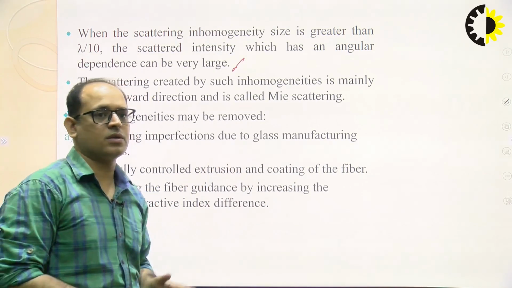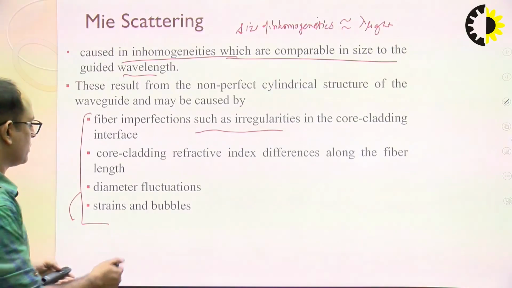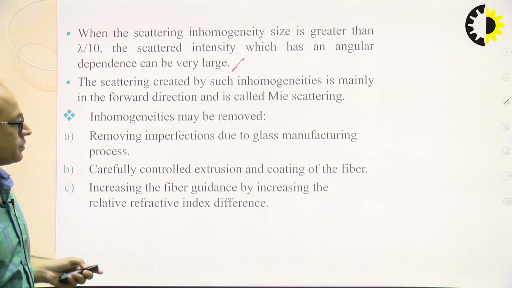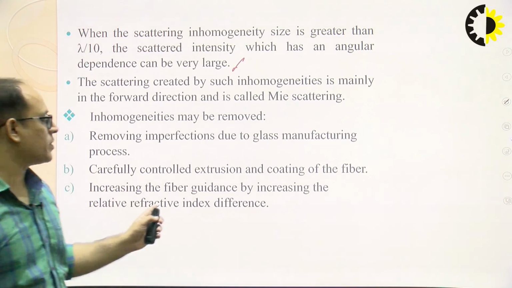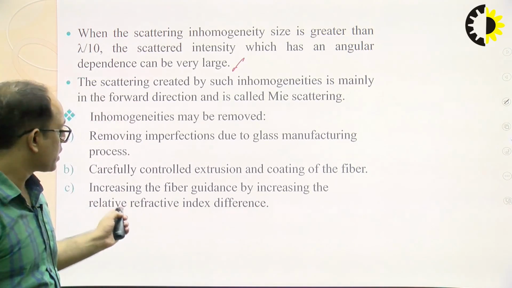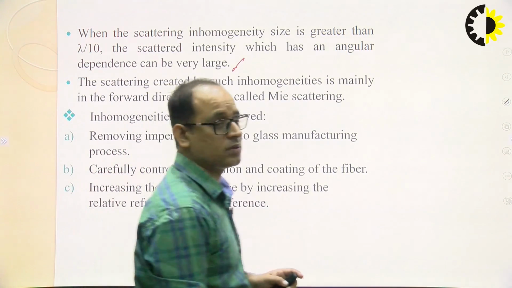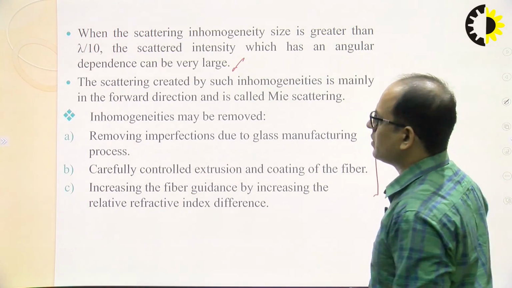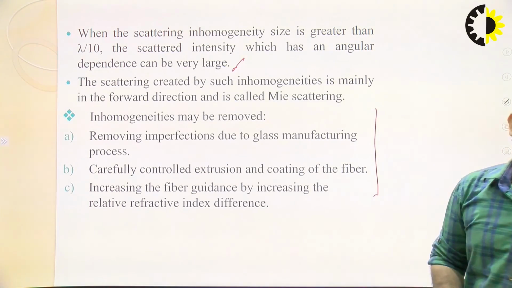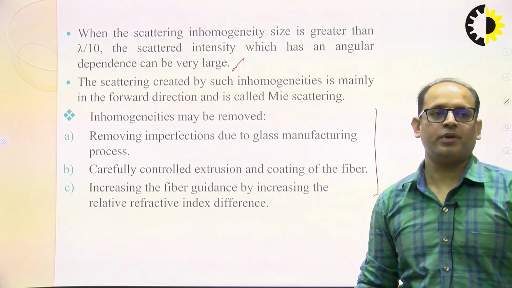This will reduce the strain and the diameter fluctuation, and increasing the fiber guidance by increasing the relative refractive index. These are the methods by which we can remove or minimize the inhomogeneity inside the optical fiber cable.